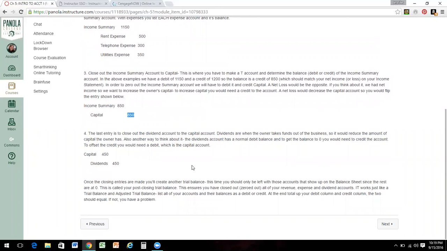So when you do the post-closing trial balance, it's basically your balance sheet. You're going to put those items that still have a balance in there, and hopefully your debits and credits still equal. So that journalizes and accounts for your financial statements.